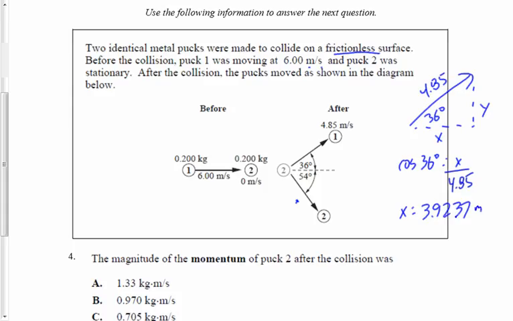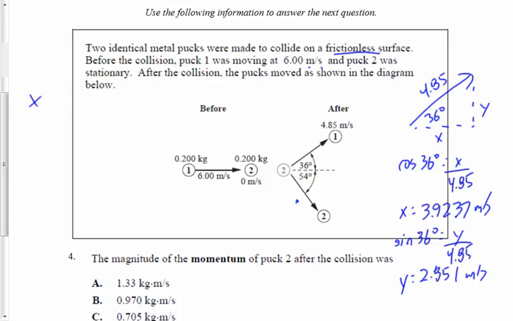And we're going to find the y component by saying sine 36 degrees is equal to y over 4.85. What's that going to be equal to? 2 point something? 2.851? Good, good, thank you. Again, 54 degrees, we're just going to kind of leave it where it is right now because we don't know anything else about it here.